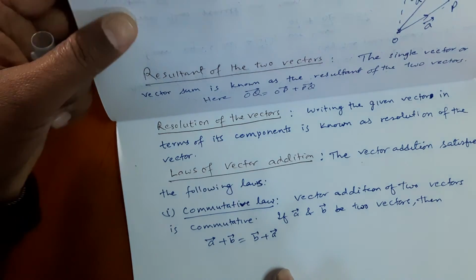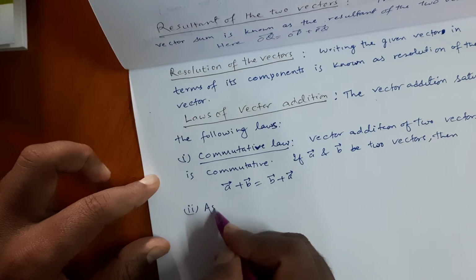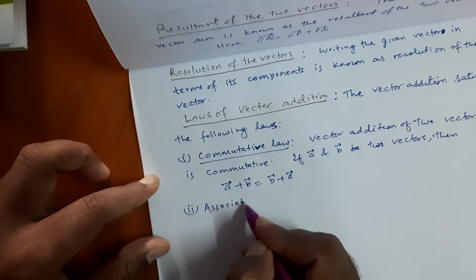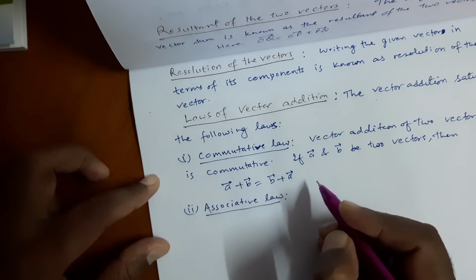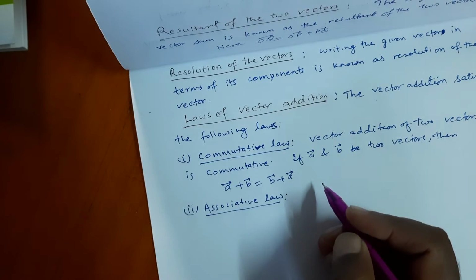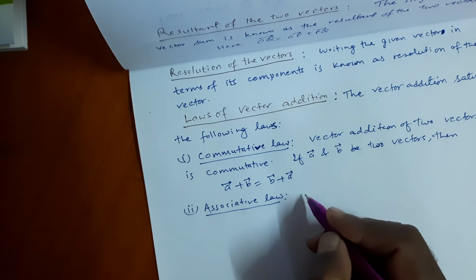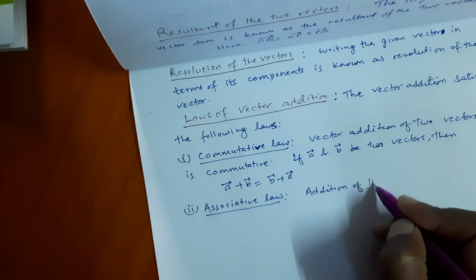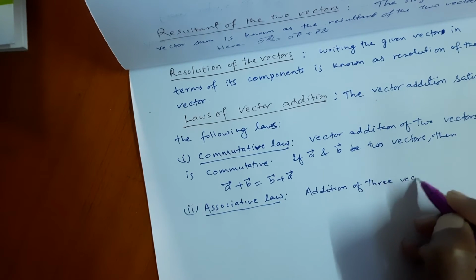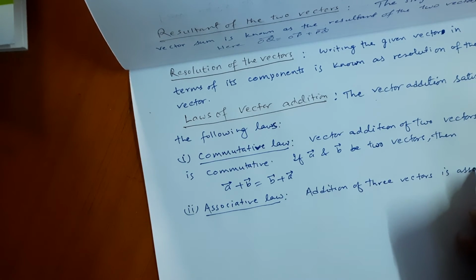Next is the associative law. Addition of three vectors is associative.